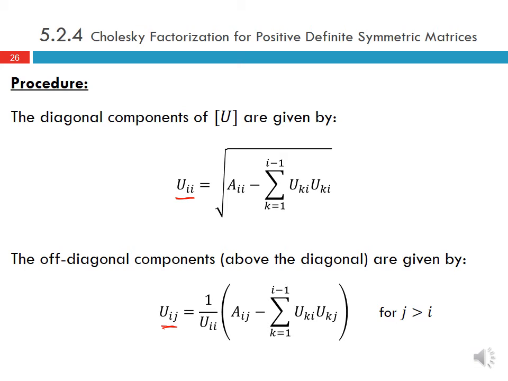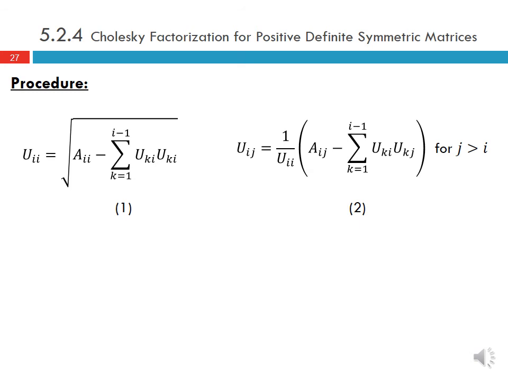Because everything below the diagonal is 0, everything above the diagonal is given by this expression here. So we can call the diagonal component equation 1, and the off-diagonal component equation 2.